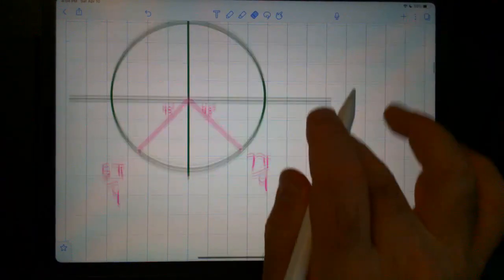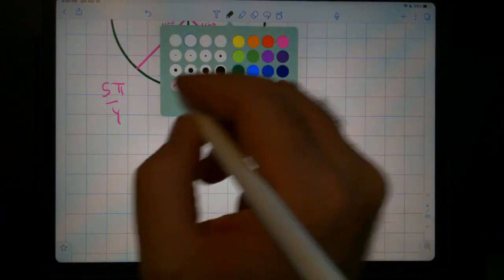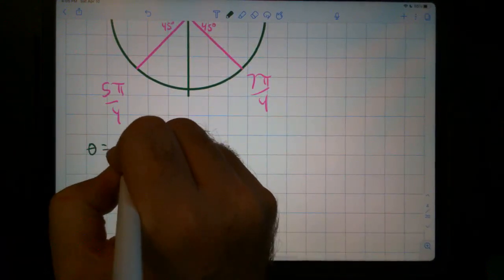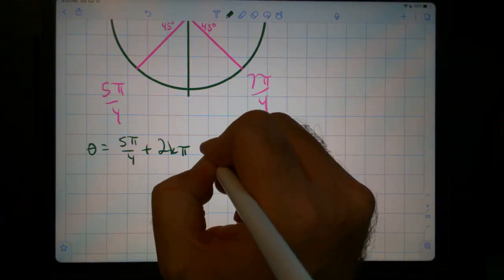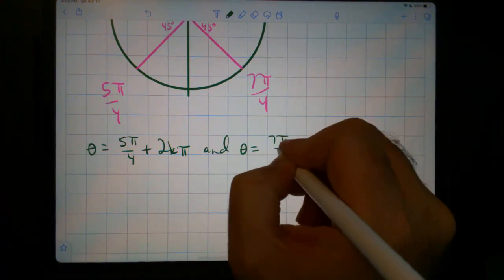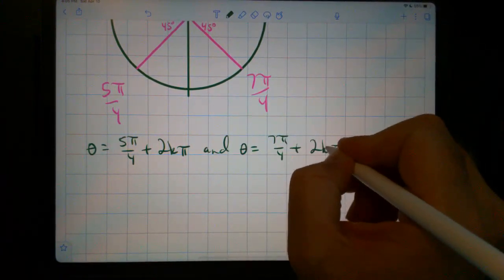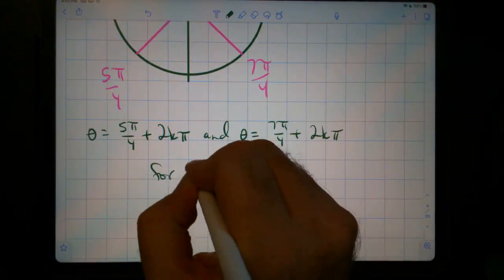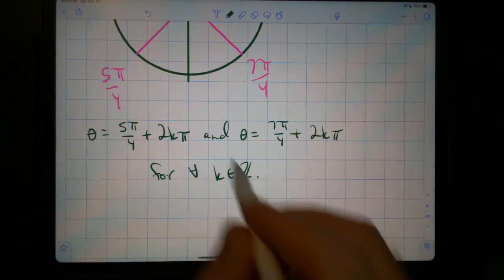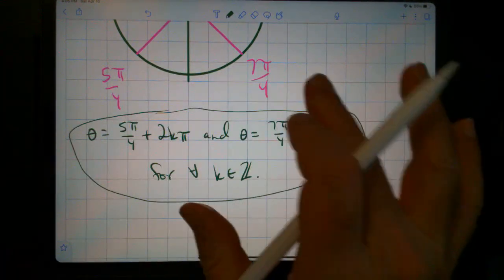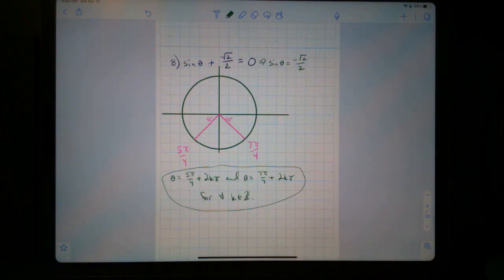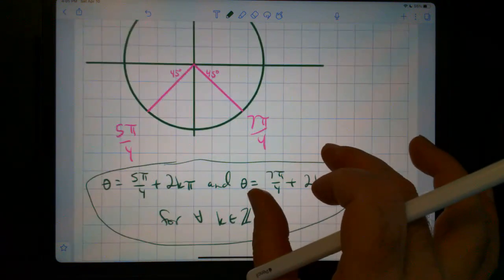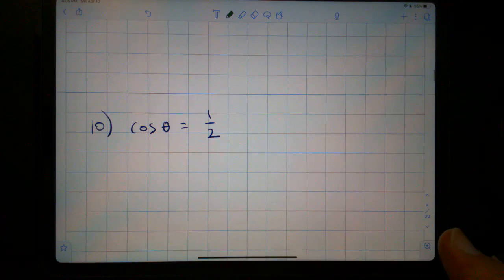Let me write it down here. So theta is equal to 5 pi over 4 plus 2k pi, and theta is equal to 7 pi over 4 plus 2k pi for all k in Z, for all of your integers. Okay.